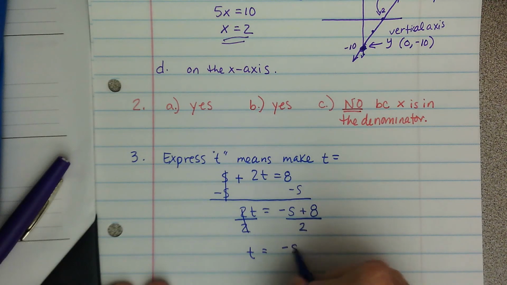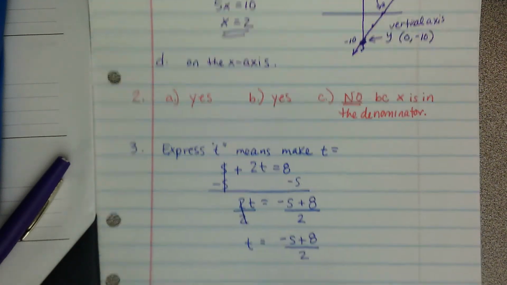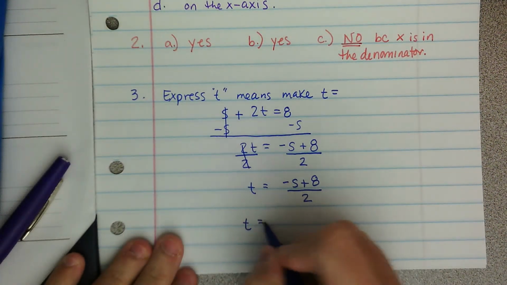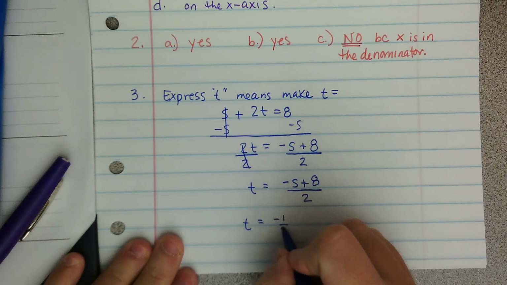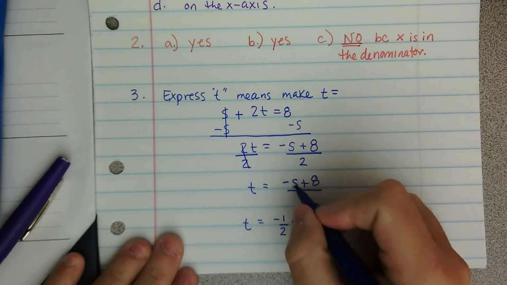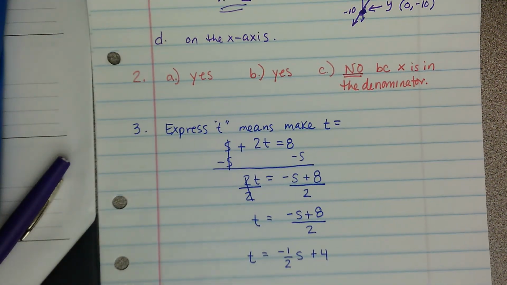T equals negative s plus 8 over 2. You could also have 8 minus s all over 2. If you wanted to simplify this slightly, you could turn this into a negative 1/2 s. There's really a negative 1 here, negative 1/2 s plus 4. Any of those three are acceptable.